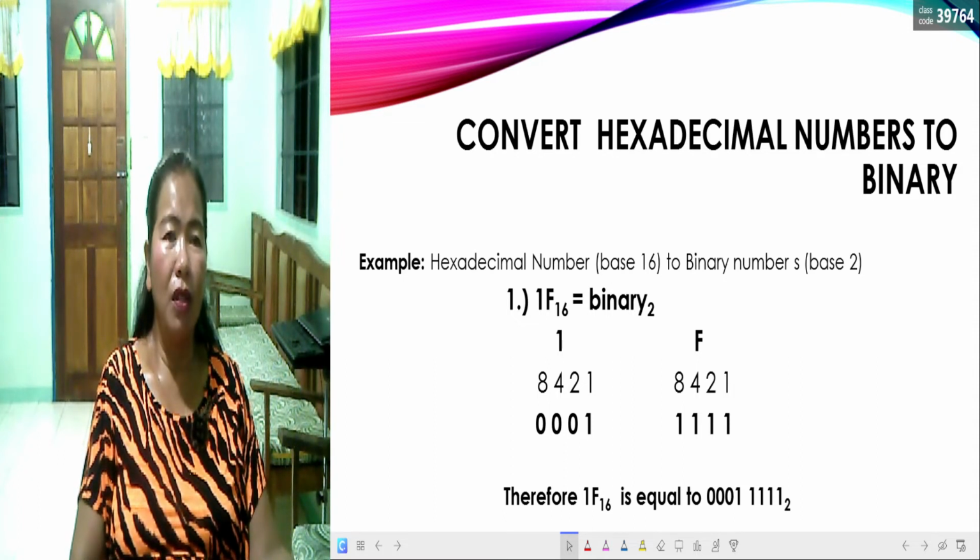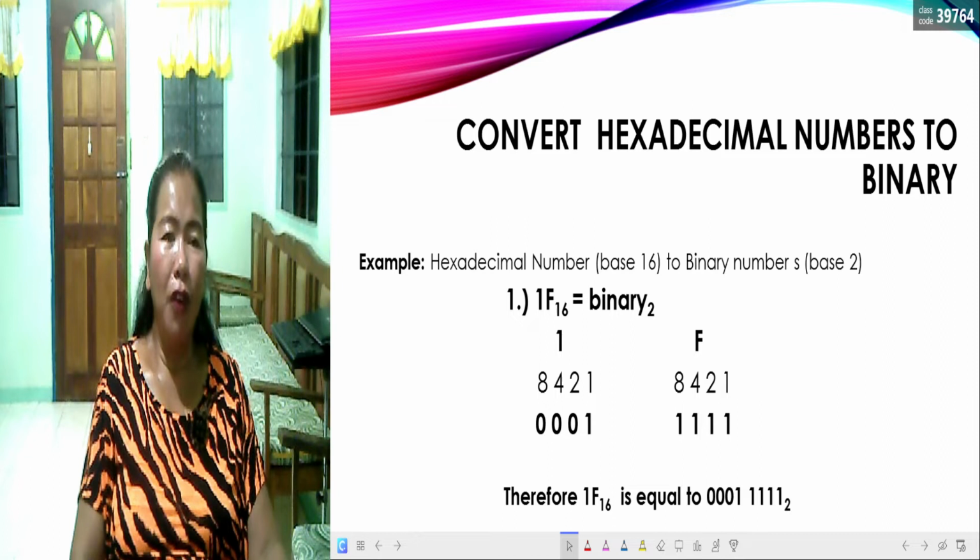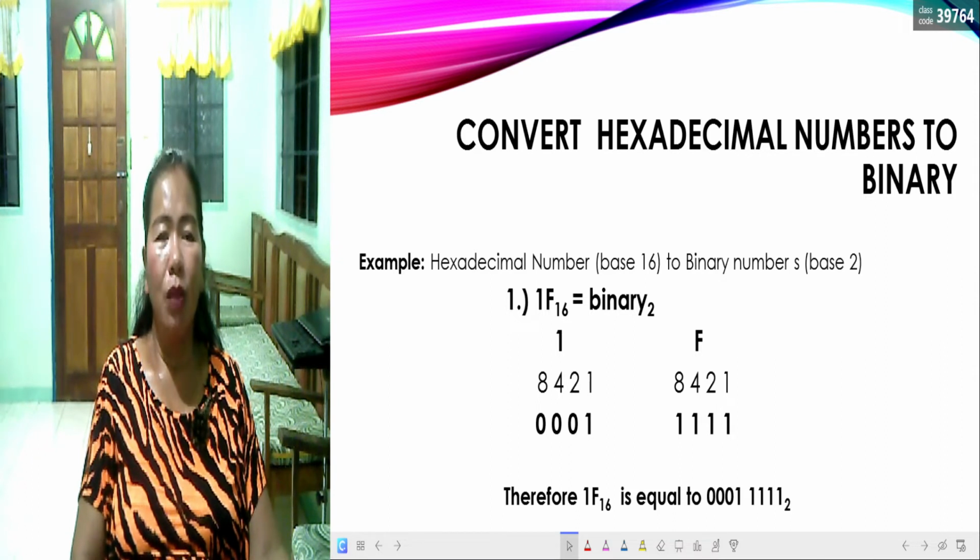So going back to the first given number, which is 1F, again, you have to write them separately, 1 and letter F. So for 1, again, you have to write the multiplier equivalence, which is 1, 2, 4. And since it is only 1, you have to look for a number that, when you add, will result only to 1.